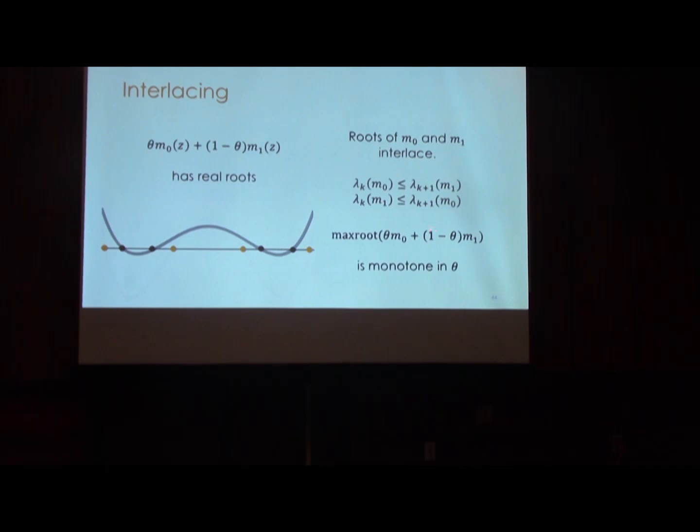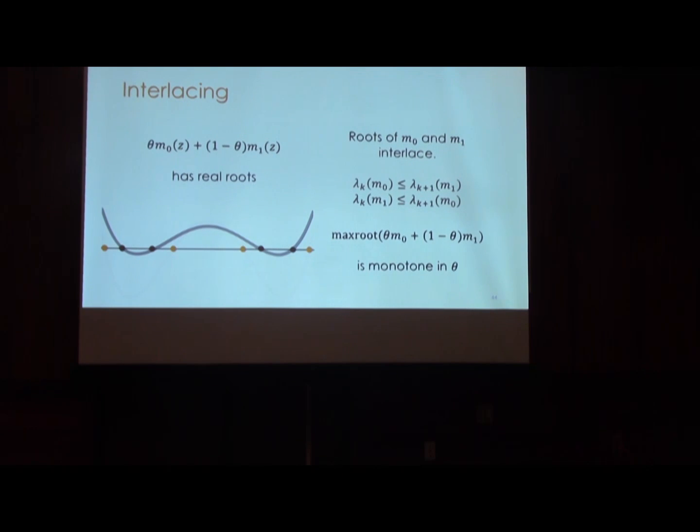And what's more is that if you look at the function that maps theta to the max root of this mixed polynomial, this function would be monotone in theta. So in particular, for the theta that you get your actual mixed polynomial m, the max root is going to be sandwiched between the max roots of m0 and m1.